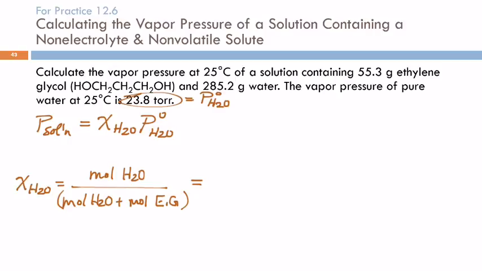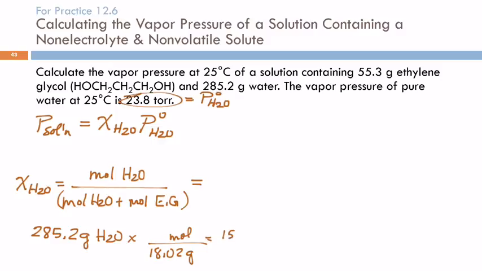So for the water, we've got 285.2 grams of H2O. Saying the G does not make it magically appear. And we've got the molar mass of water, so 285.2 divided by 18.02.